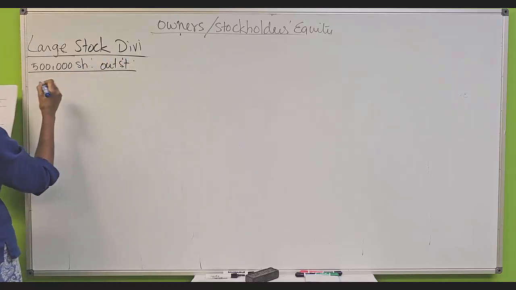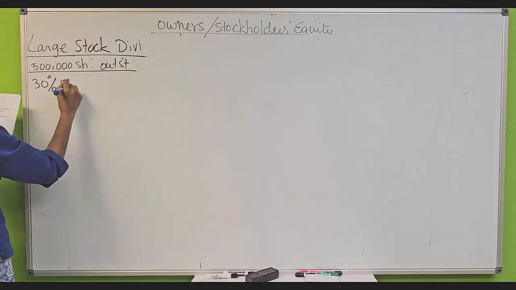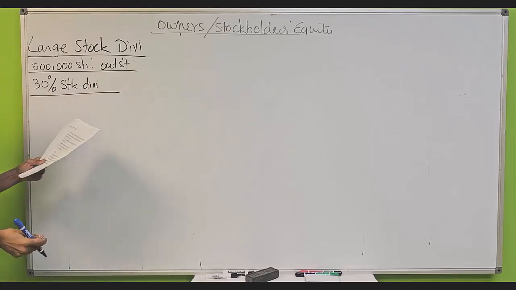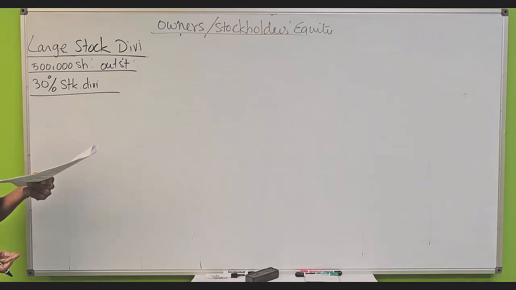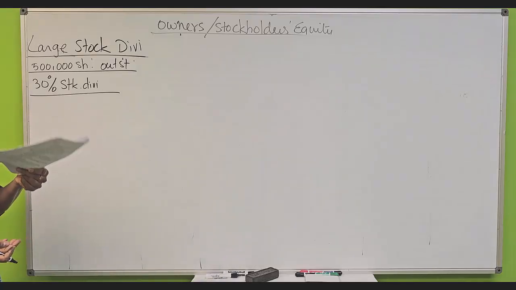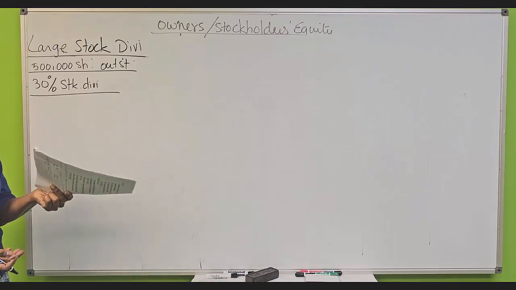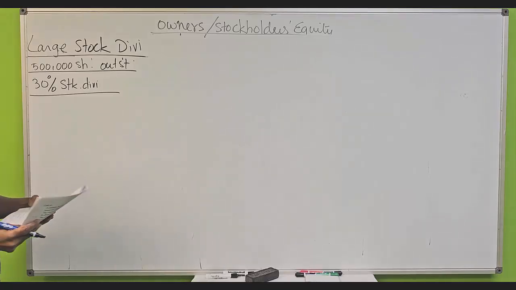Now the company is declaring 30% stock dividend. The market value on this date is $12. The par value is $2 and they're declaring it on October 1st and they're paying it on December 20. No change in other information from the previous example on small stock dividend.